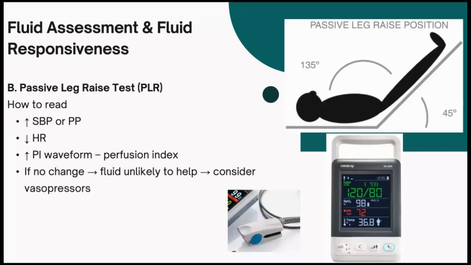Also, if you look at the pulse oximeter waveform, it is usually a blue color waveform, or any color waveform appearing on the monitor. If a patient is spontaneously breathing, sometimes you see a wavy alteration of the baseline, because during inspiration there's a negative intrathoracic pressure, so there is a lot of venous return happening.